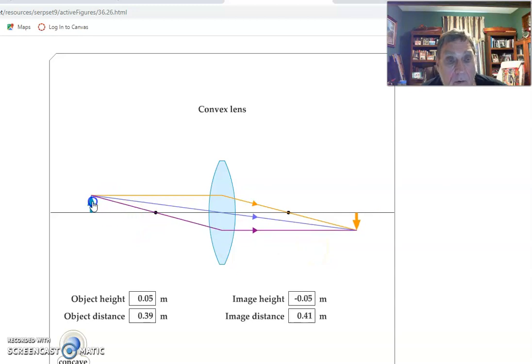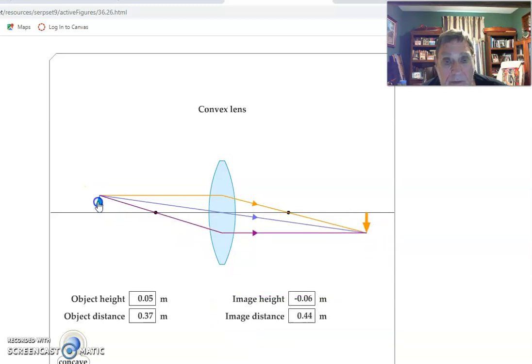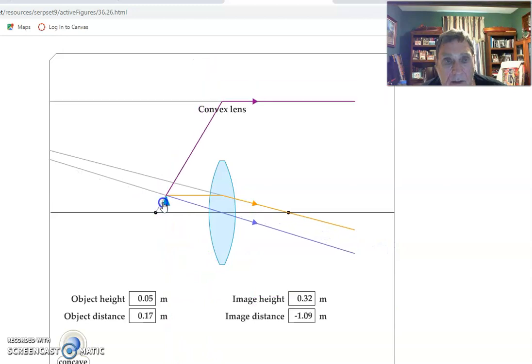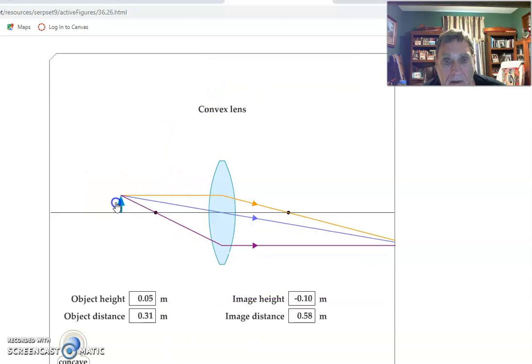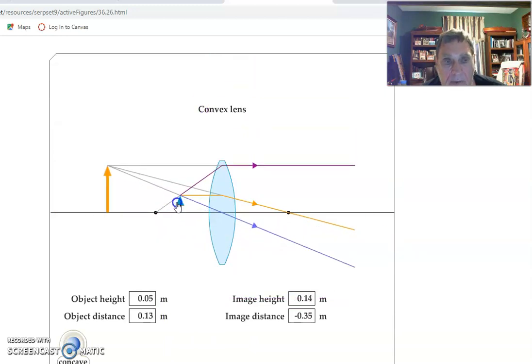But when I'm very far away, then I get a real image. As I come in toward the focal point, notice the image goes further and further out, and then once we cross that focal point, you can't see it, but it begins to come back in because it goes virtual. Now it's virtual, and it comes back.